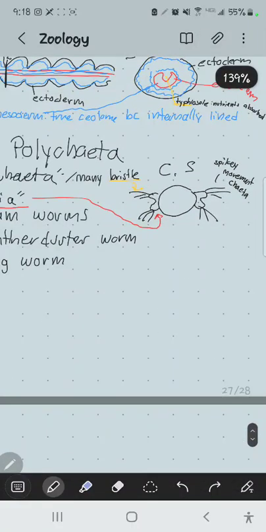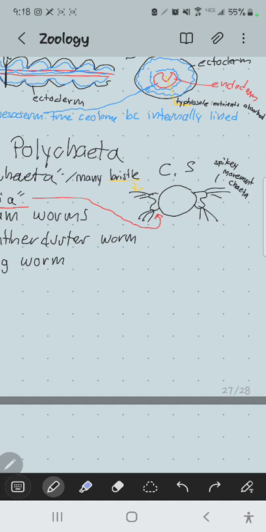But the polychaete worms, let me see if I can pull these out here. I have just these. These are all in jars. I'll pull some of these out and put them in a dish, the clam worms. But these ones will stay in the jars. This is a lugworm. These are clam worms.